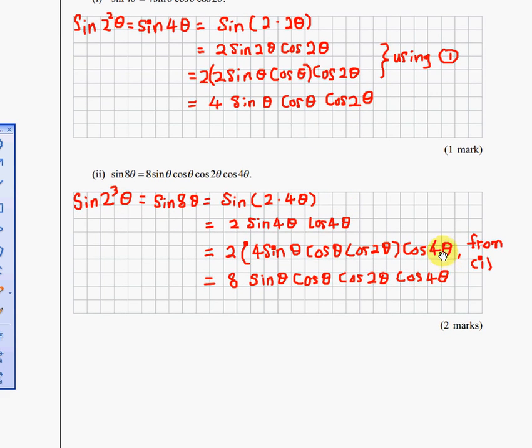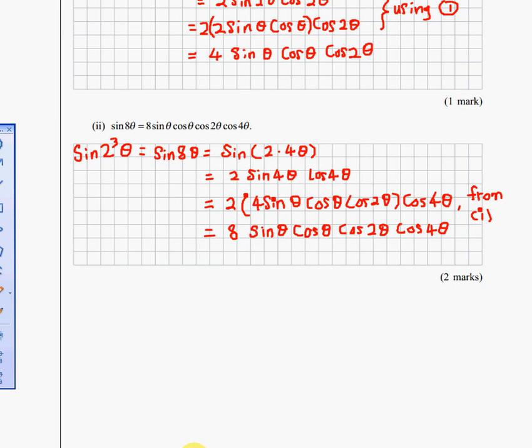And you see that actually in this third line right here, I'm using the result from part 1. That is this one, the sine 4 theta, which we showed right here at the top, and I use it right here, and I got this. So what does that mean?